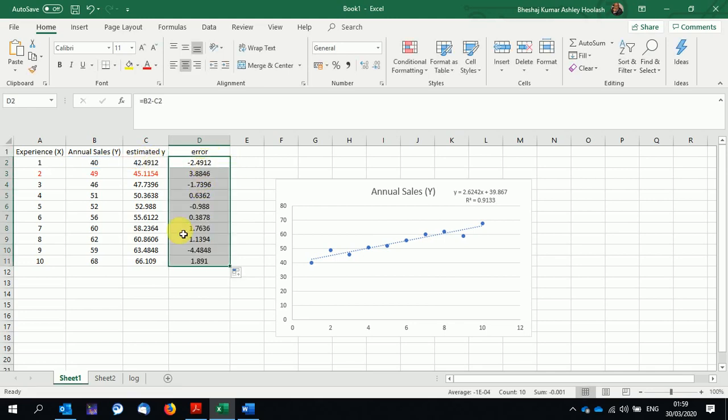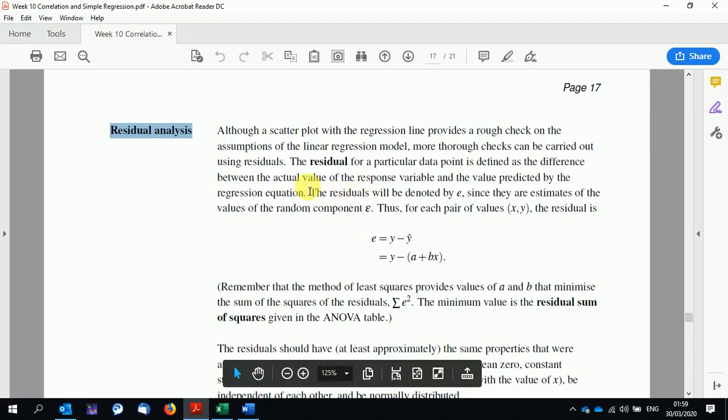So the minus here would tell me that there has been an overestimate. I overestimated by this amount. So if the sale true value is 40, then I forecasted 42.49127, whatever. So this is the error that we call here.